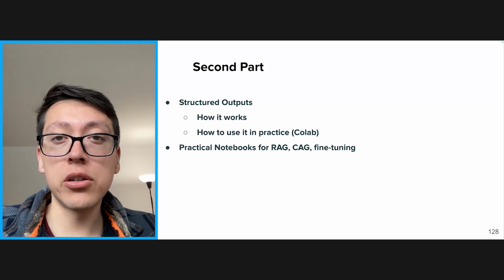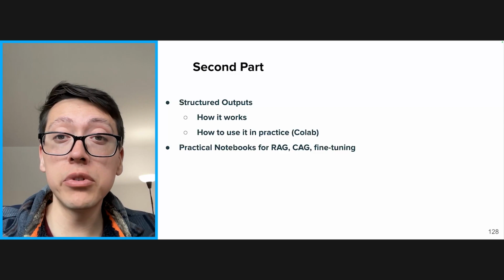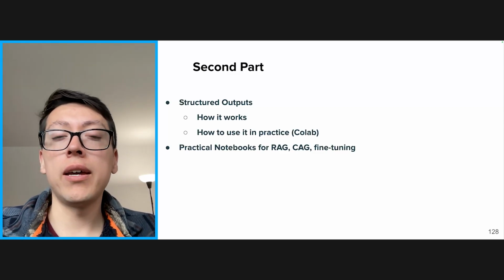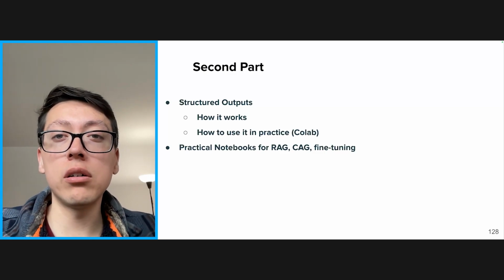Hello everyone. So let's start with the second part of this session, where I'll be showing a little bit more practical tips on how we can build on top of LLMs. So in this section, I'll be presenting what structured outputs are, why they're useful, and I'll show some code on how we can implement structured outputs.